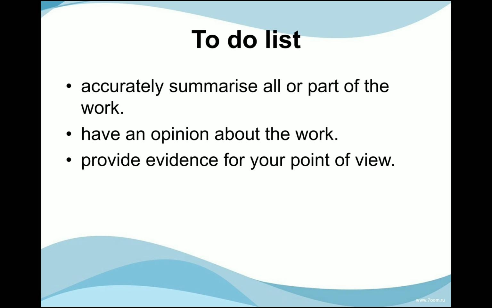Provide evidence for your point of view. Depending on the specific assignment and the discipline, different types of evidence may be appropriate, such as logical reasoning, reference to authoritative sources, and or research data.